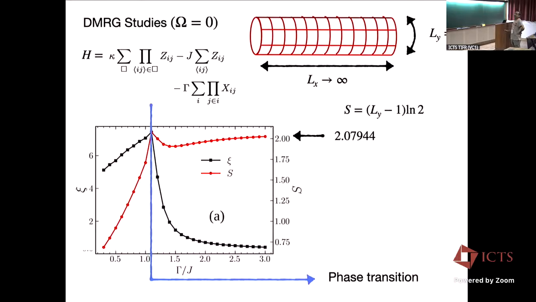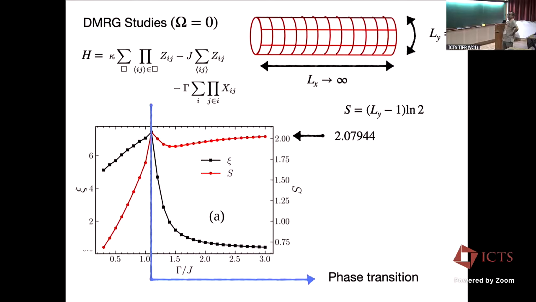Now let's keep omega equal to 0, but reduce gamma so that I have this Hamiltonian, and I am increasing J so that I'm going towards the small gamma limit of this Hamiltonian, still with the potential term to be 0.